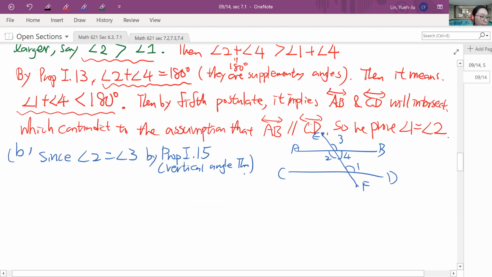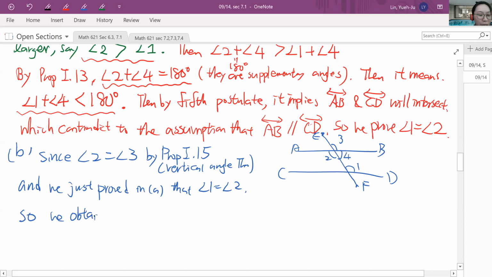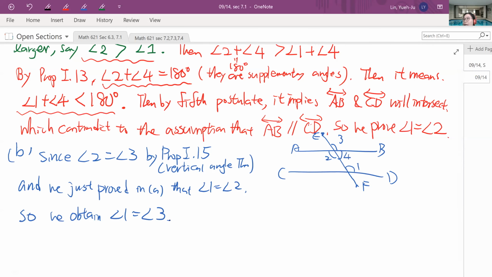And we just proved in A that 1 equals 2. So if you put this together, we right away obtain 1 equals 3. That's it. So B is really just a one-line proof from A.